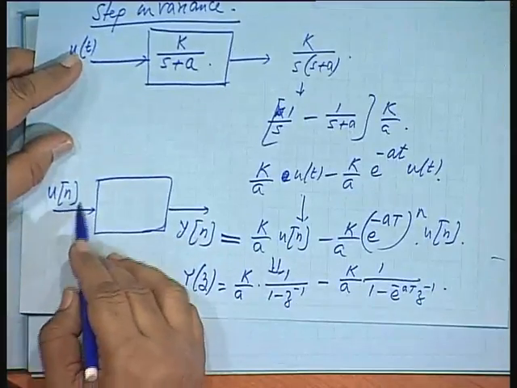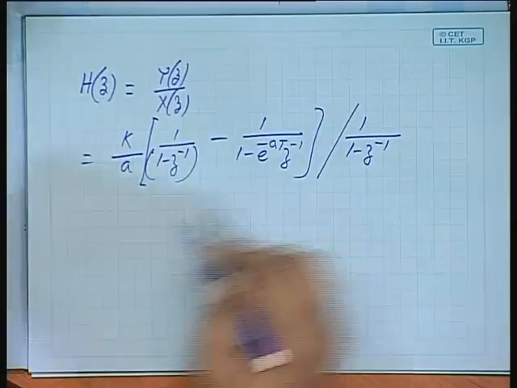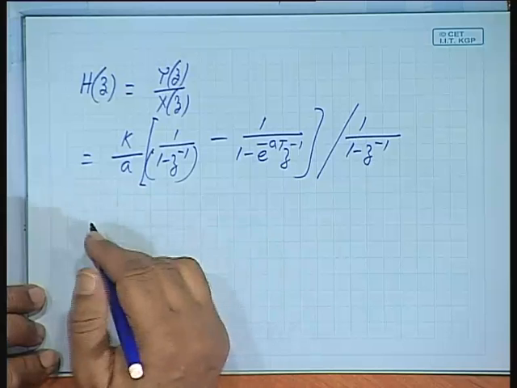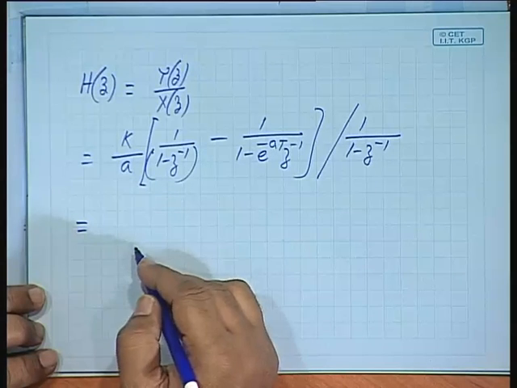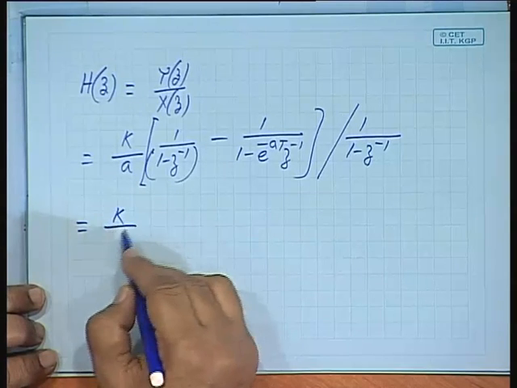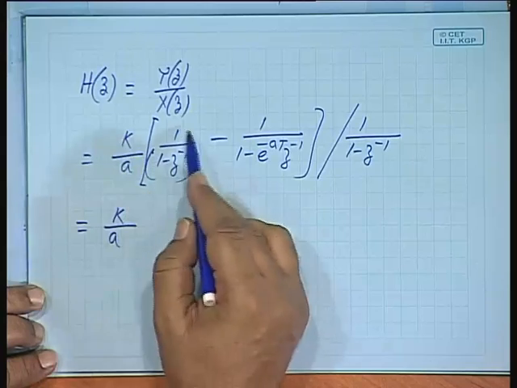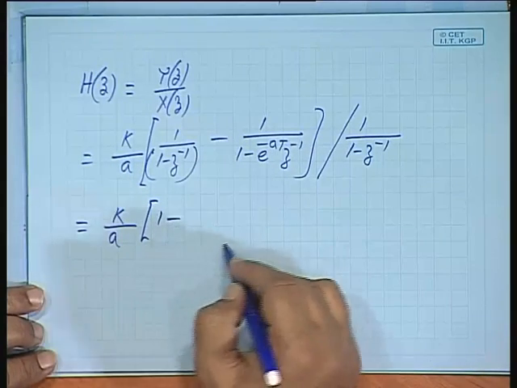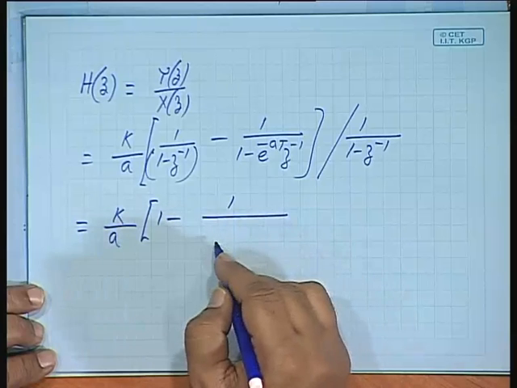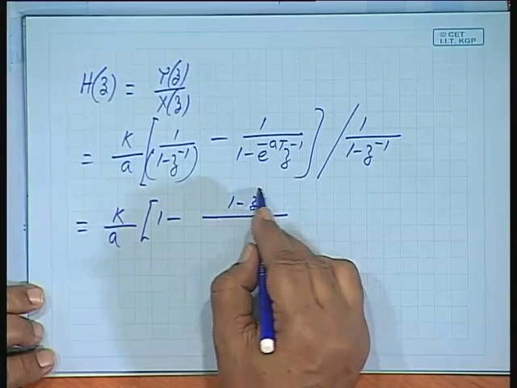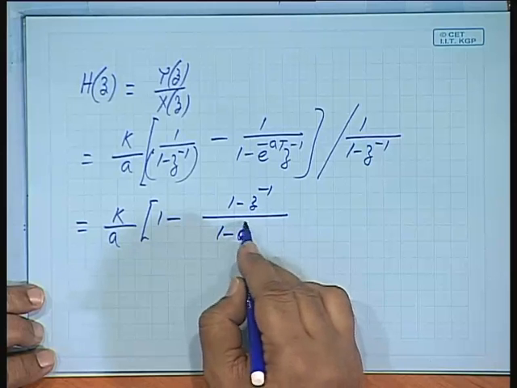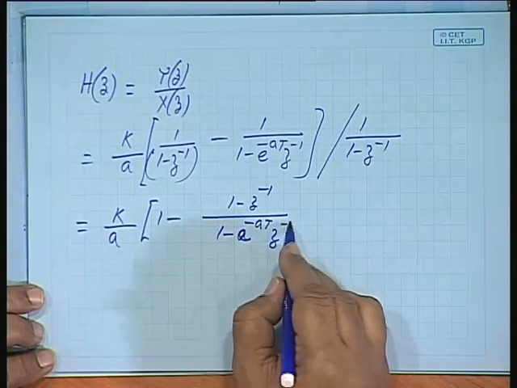X(z) corresponds to u(n), so I have divided by X(z), and that gives me the corresponding transfer function. So k by a, this by this is 1, minus 1 minus Z inverse by 1 minus e to the power minus aT Z inverse.